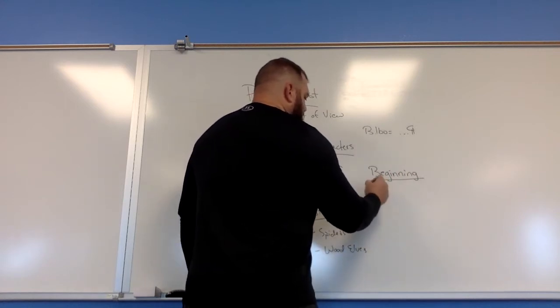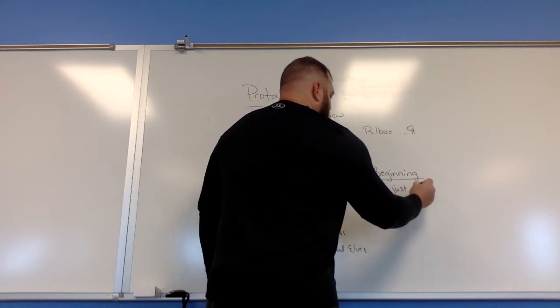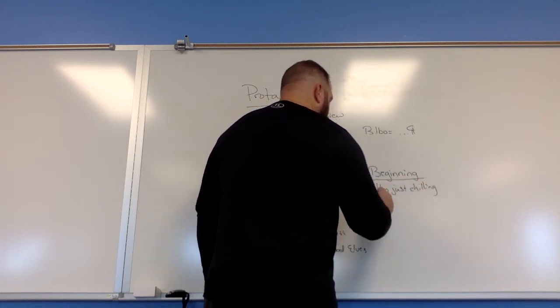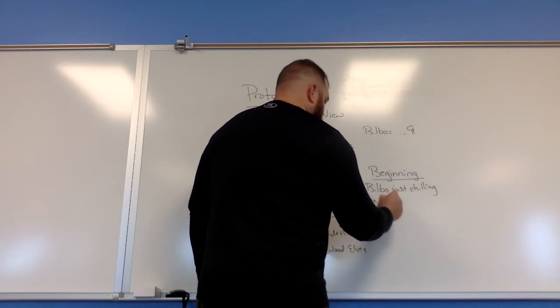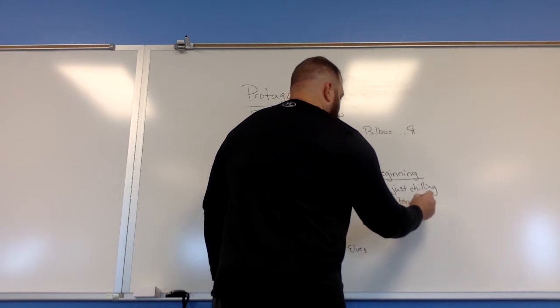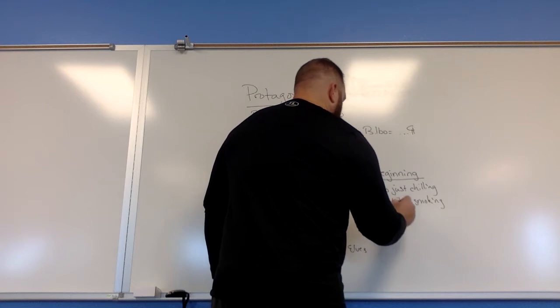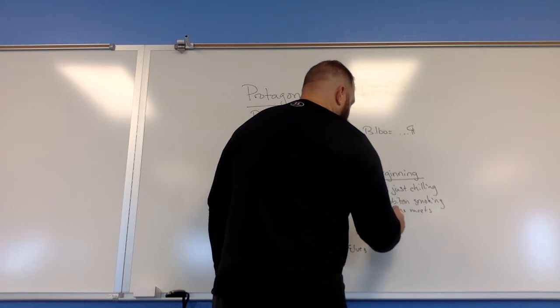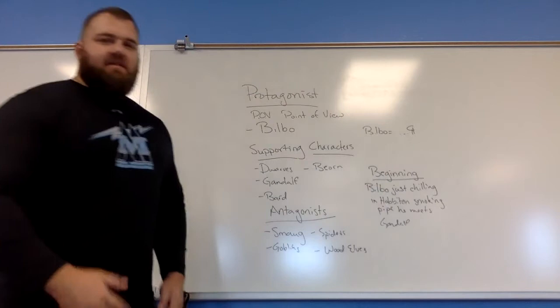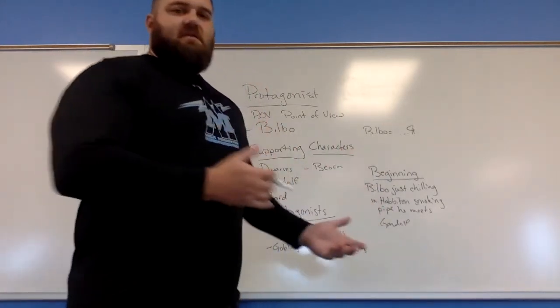At the beginning of this, we would say something like, Bilbo is just chilling, I'm sure Tolkien didn't write it like this, in Hobbiton, smoking a pipe, and he meets Gandalf. So this is the physical beginning.